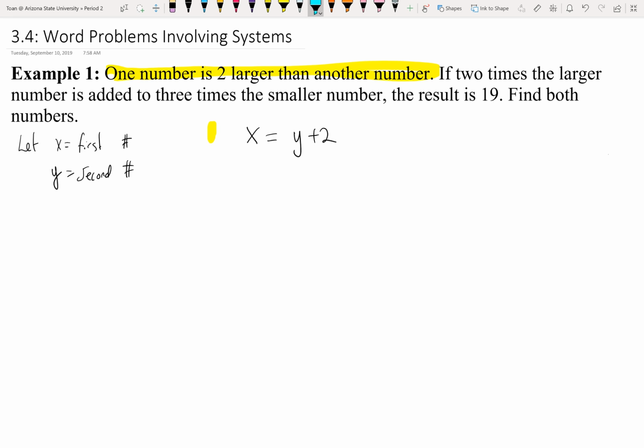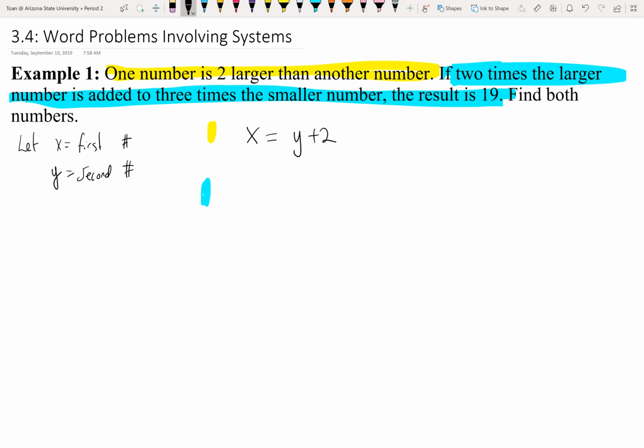Boom, there you go. All I did was read that sentence and translate it into an equation. Let's keep reading. If 2 times the larger number is added to 3 times the smaller number, the result is 19. So that's clearly a mathematical sentence, and I have to translate that. Now, they did specify the larger number and the smaller number.